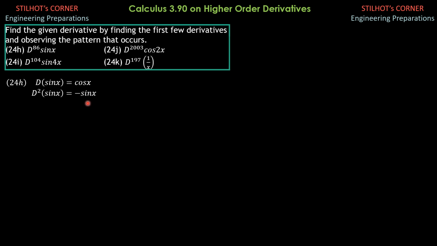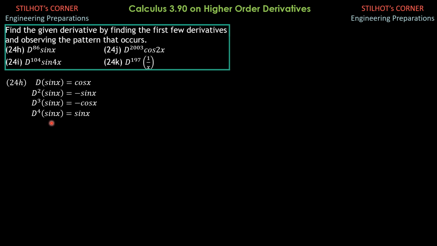The third derivative is the derivative of negative sine x, which is negative cosine x. And the fourth derivative is the derivative of negative cosine x, so it's negative of negative sine x, so it is sine x.